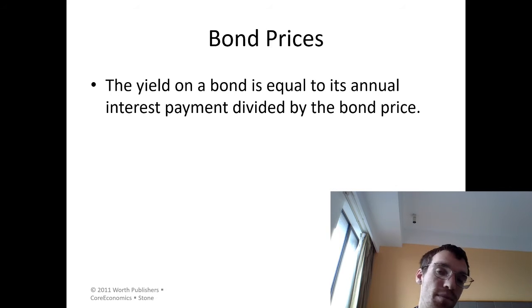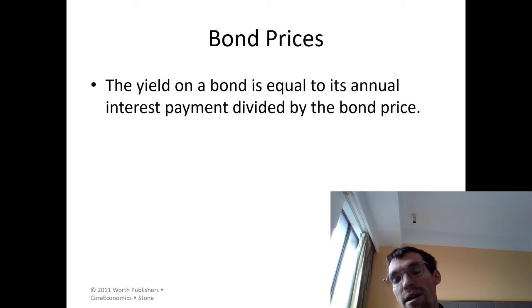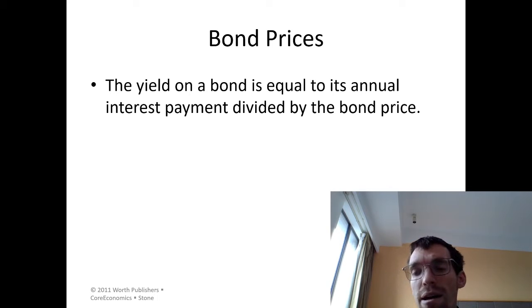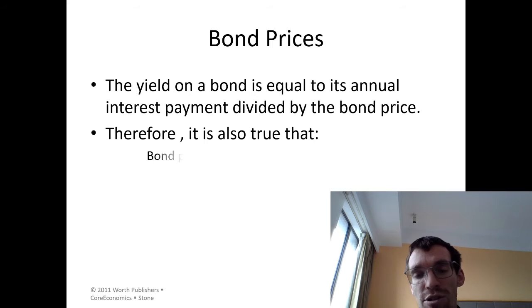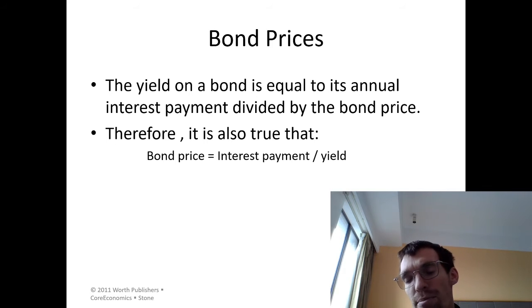Bonds. Okay, so the yield on a bond means what the percentage rate is that is getting paid out relative to the principal of the bond. So we can calculate that by looking at the interest payment and the bond price. So we can think of it like this. Bond price equals interest payment divided by yield.